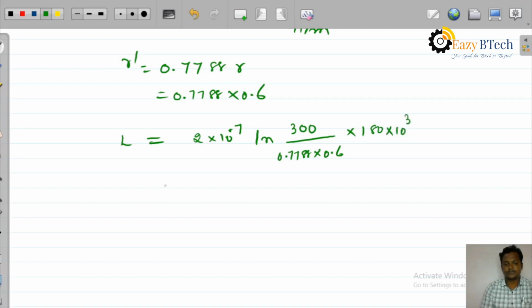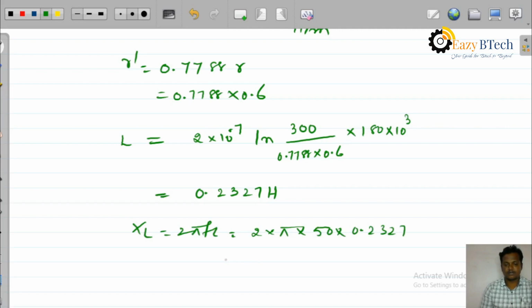You can get inductance as 0.2327 Henry. Therefore XL equals 2 pi f L, so 2 into pi into 50 into 0.2327, and the XL value is 73.71 ohm.